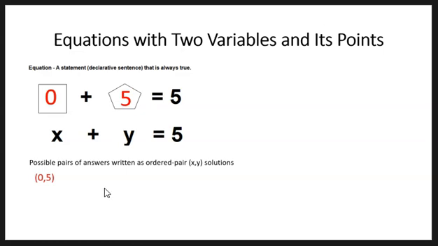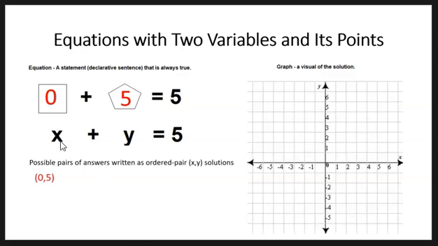Now, when I try to make the graph, I cannot use one number line. I'm going to need 2 number lines. One number line for the x and one number line for the y. Now, I cannot put a point on the 0 because if I put a point on the 0, I need to decide that point is for the x or for the y.